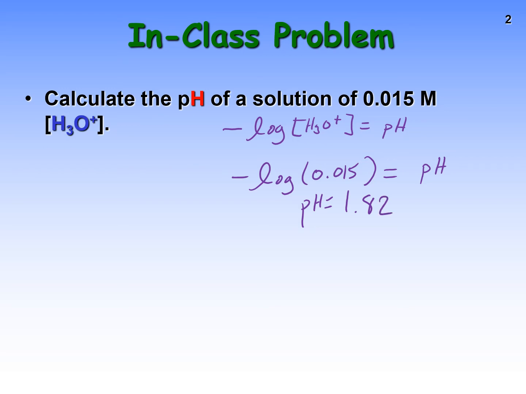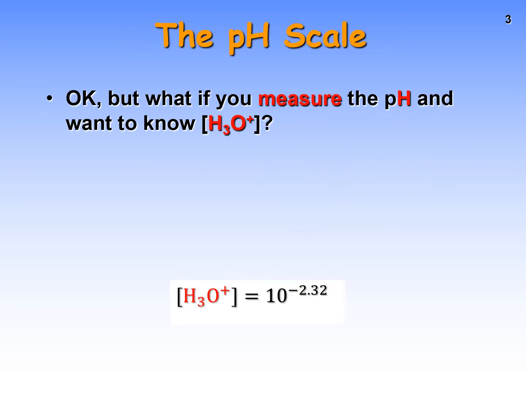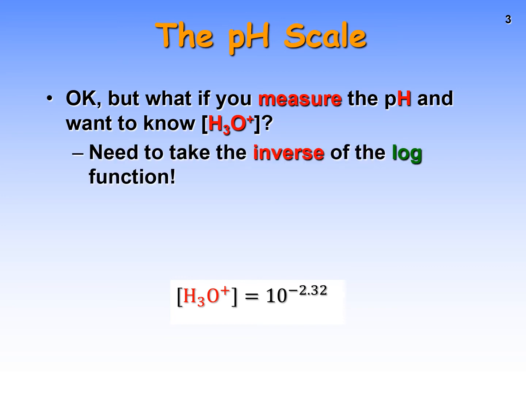All right, so let's move on. We know how to do pH from H3O plus, as in the last video, but now let's talk about how to get H3O plus from pH, because there's a backwards measurement as well. You need to take the inverse of the log function, which in this case is just going to be equal to 10 to the power of negative pH.